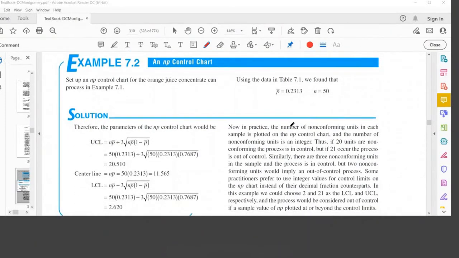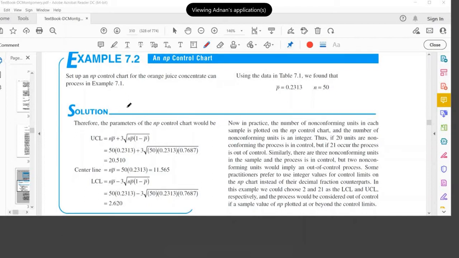Set up an np control chart. I just want to confirm, you see the same as what I'm saying now or not? Example 7.2. Yes, okay, good. So the np chart for the orange juice concentrate, the same problem as 7.1. Let's say now we want to produce an np chart rather than a p chart using the same data.